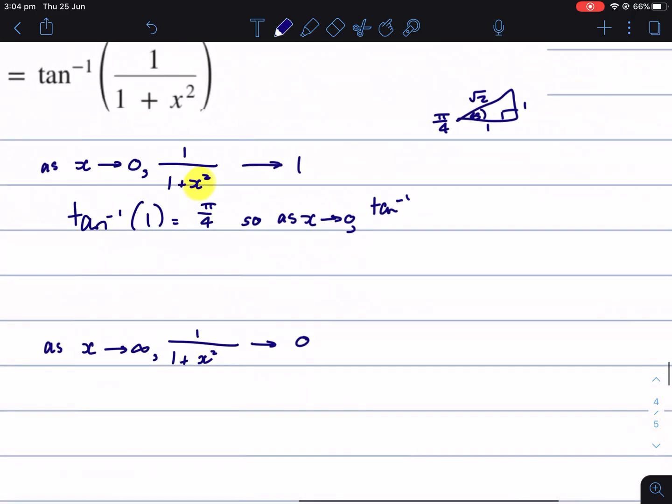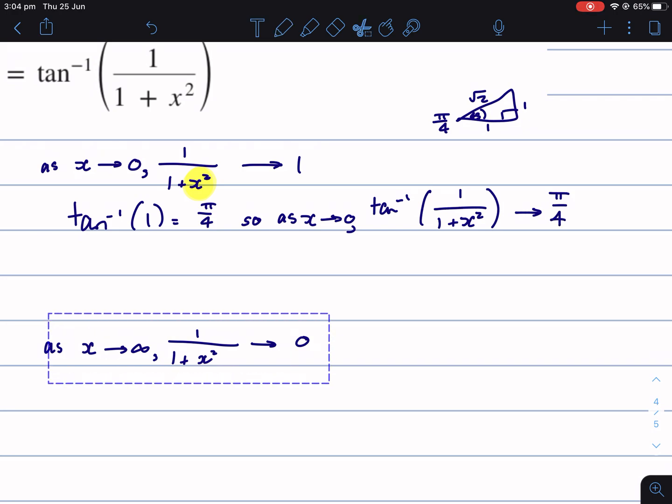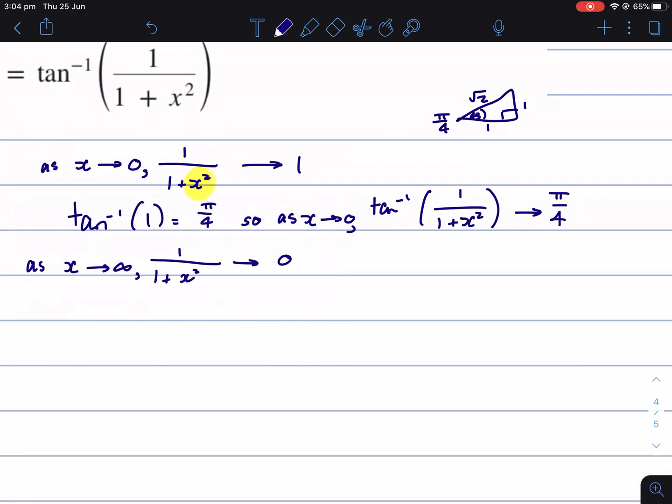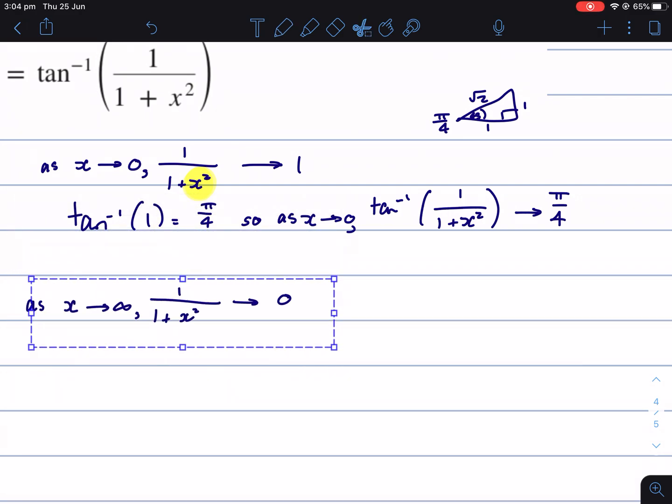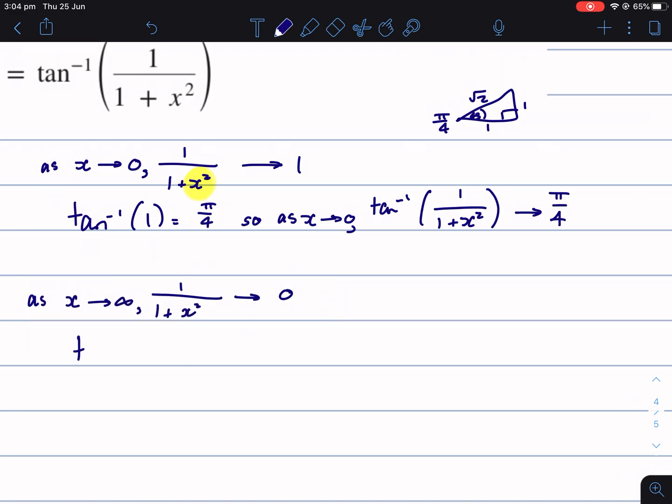So as x tends to 0, arctan of 1 over 1 plus x squared is going to tend closer and closer to 1. No, not 1, pi on 4. As x tends to infinity, that's going to get closer and closer and closer to 0. Arctan 0 equals, well, 0.